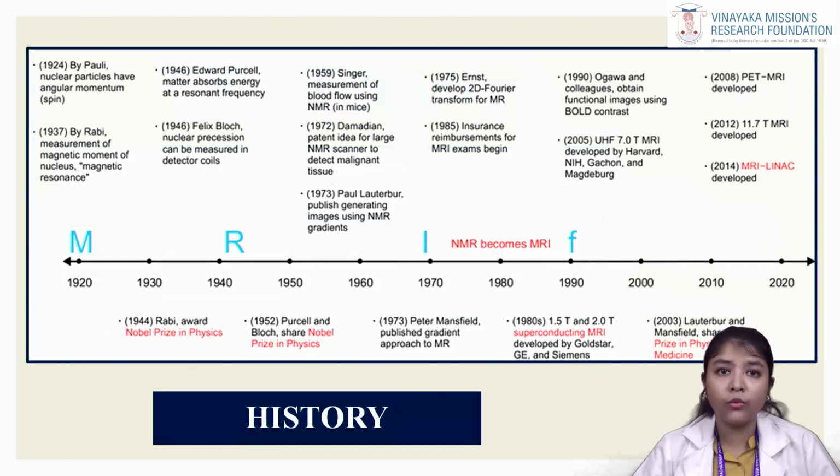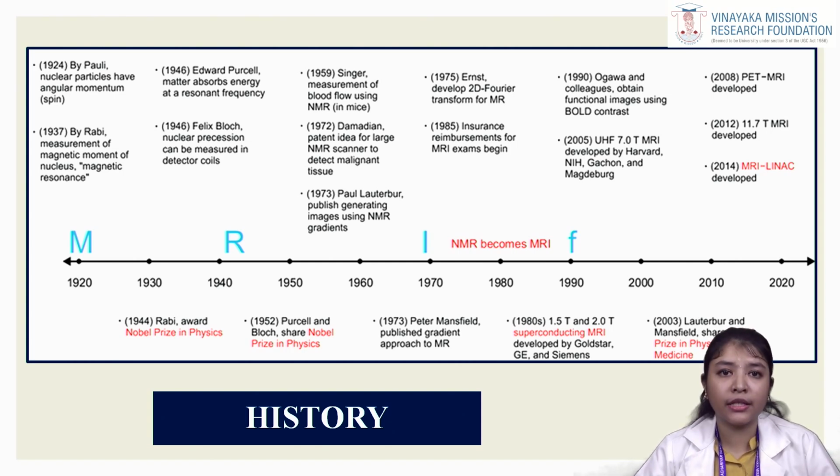So now we go to the history of MRI. Initially MRI was termed as NMR, that is nuclear magnetic resonance. It evolved in 1924 by Pauli, who studied nuclear particles that have angular momentum, and in 1937 by Rabi, who studied the measurements of the magnetic momentum of the nucleus and termed it magnetic resonance.